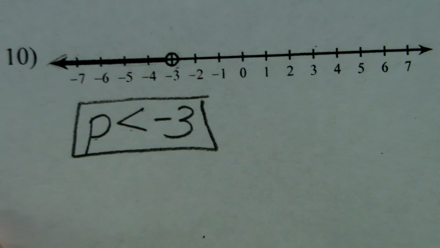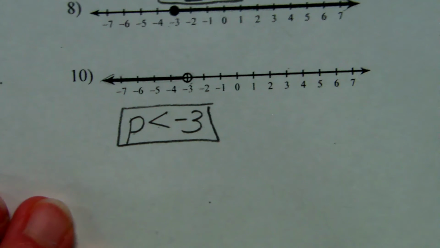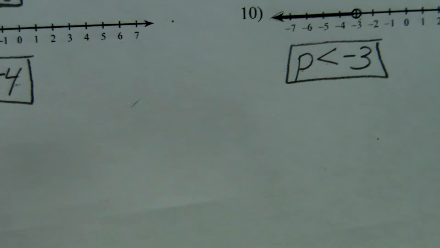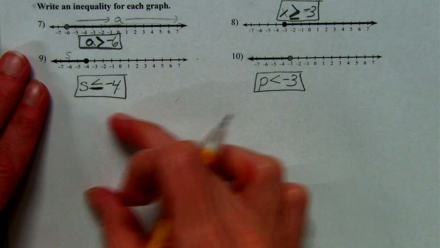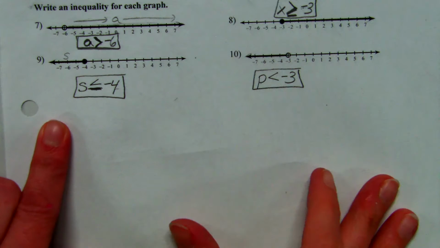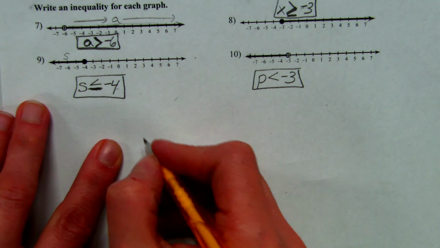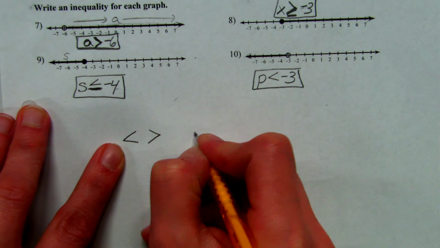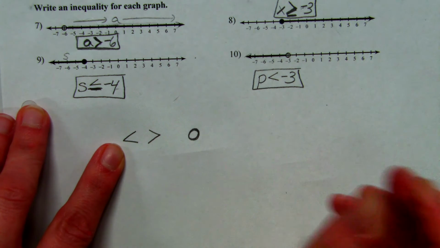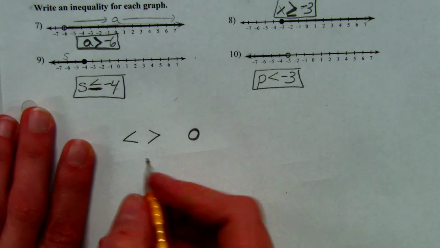What I want to do at the end of this lesson down below is to do a little bit of a summary, okay? So I'm going to zoom out just a little bit, and we'll put a little summary here at the bottom. So what we could do is we could say less than and greater than, you're going to have the open circle.